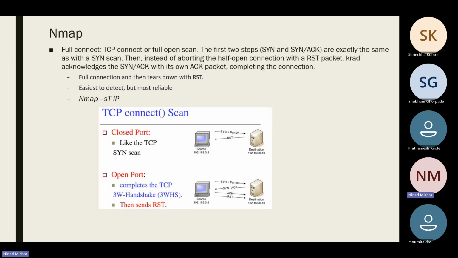There is full connect, which is your complete three-way handshake. In this, the complete three-way handshake will be done. Probably the attacker will get more insights or more information because he is establishing the connection completely.